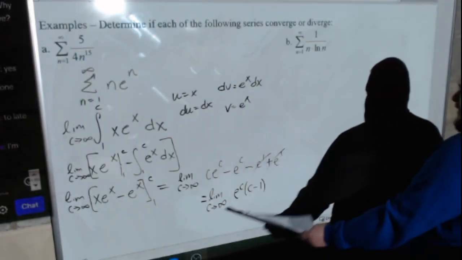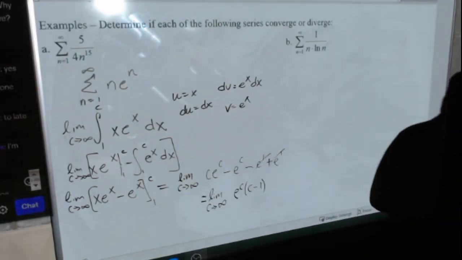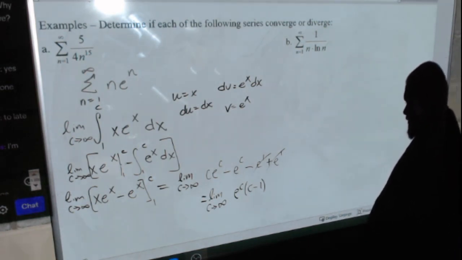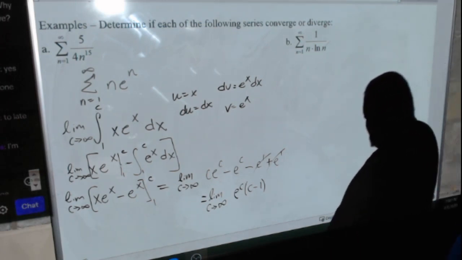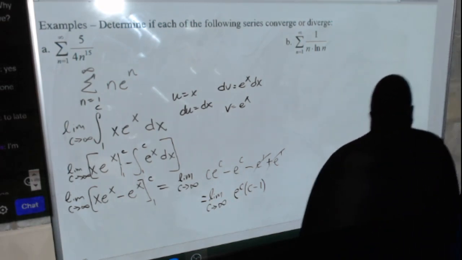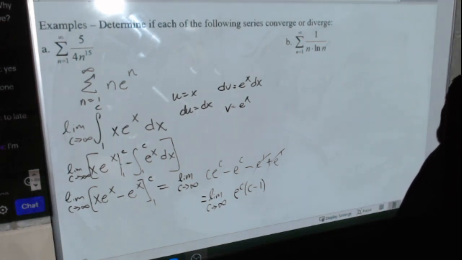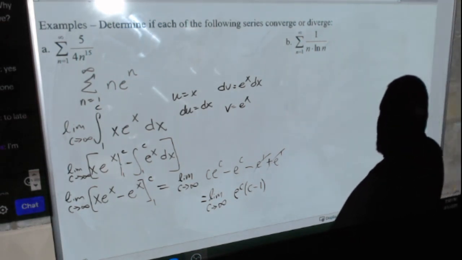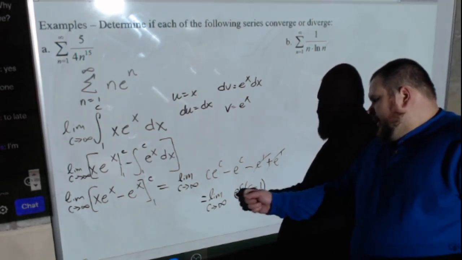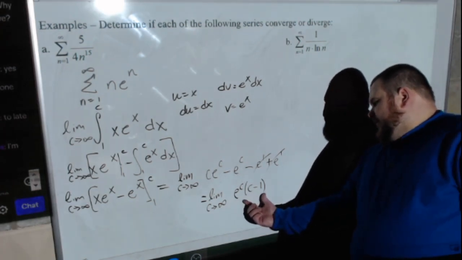And I could have done this back here. Now the reason I do it that way is I don't know if you guys have done this limit before. If I try to direct substitute, I get infinity times infinity. That doesn't help us much. So instead, what I want you to think of is I've got two functions here that are battling out one another, right? And the question is, as c gets really large, what gets bigger faster?